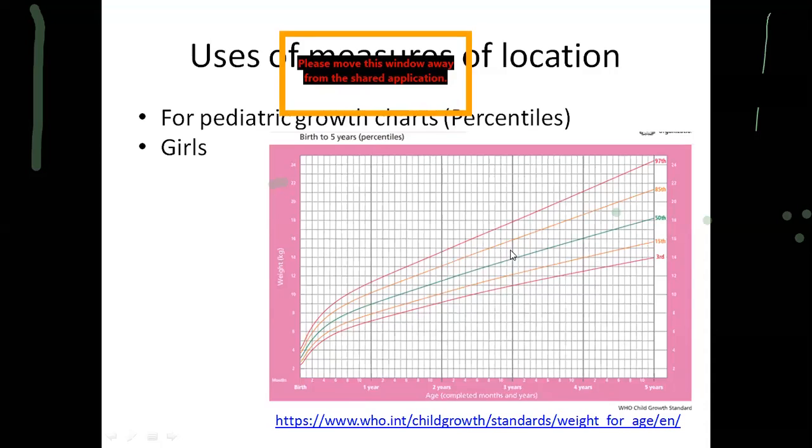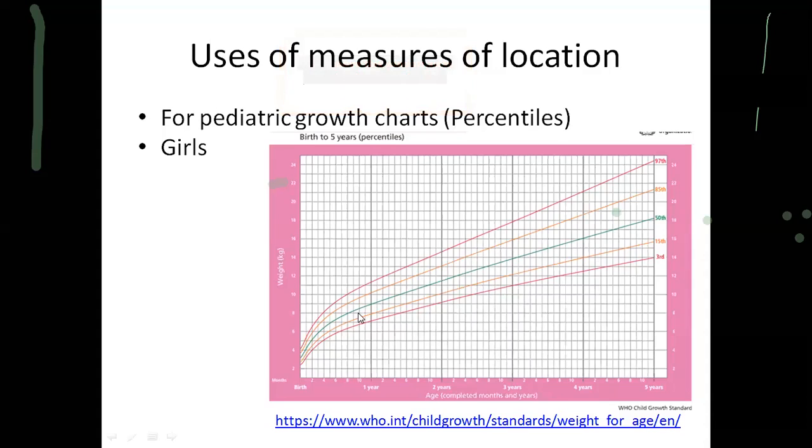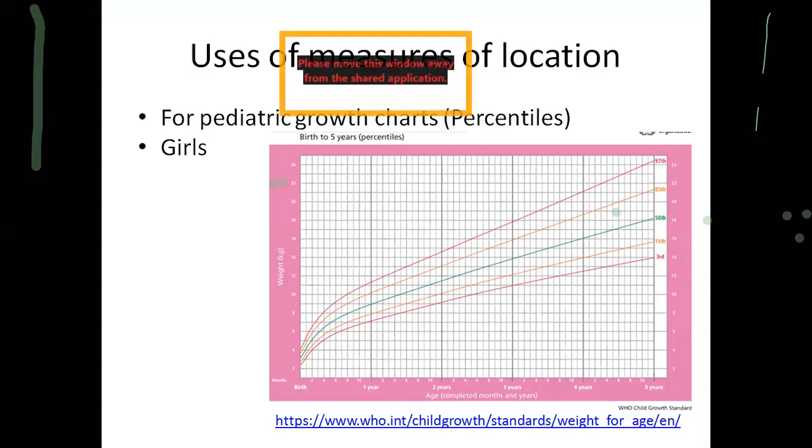If a particular kid of 3 years has a weight of 10 kg, that is below the 3rd percentile. So we can say that the kid is not growing properly because her weight is less than the 3rd percentile of normal girls of the age of 3 years. This is the utilization of percentile.